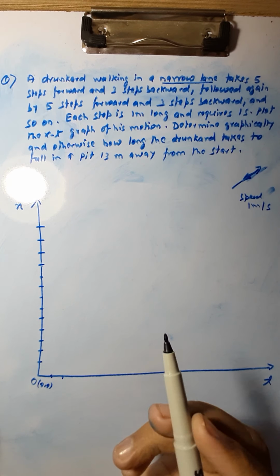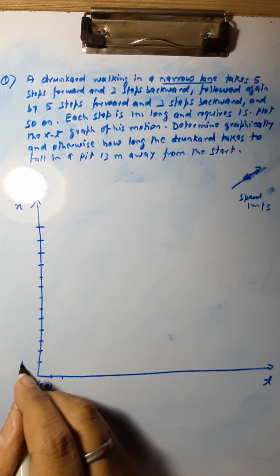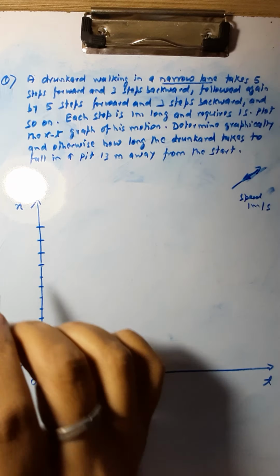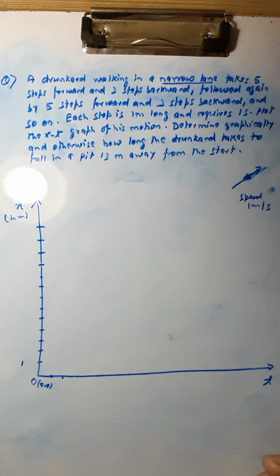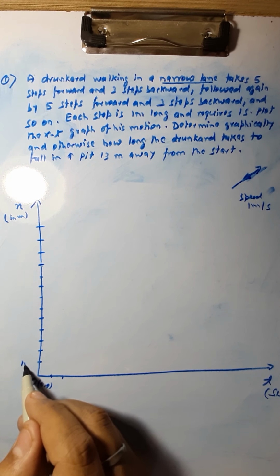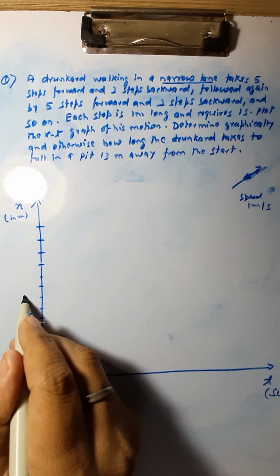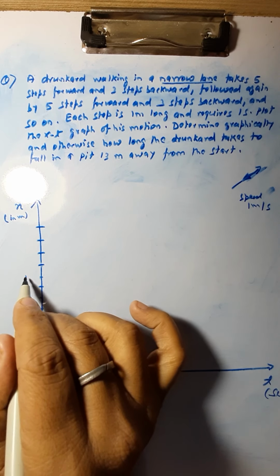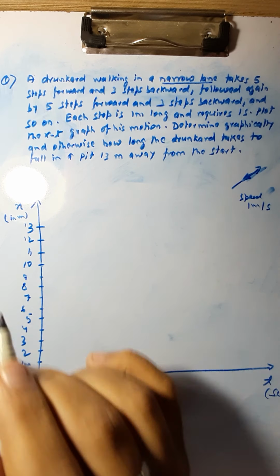So we have to draw the x-t graph of his motion. X in meter, t in second. So this is 1 meter, 2, 3, 4, 5, 6, 7, 8, 9, 10, 11, 12, 13.